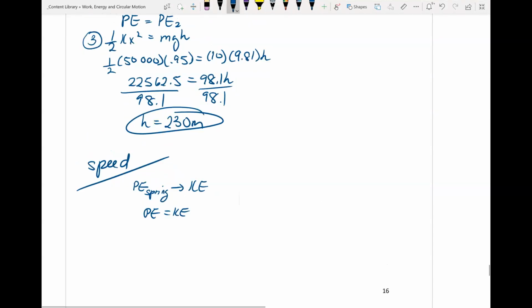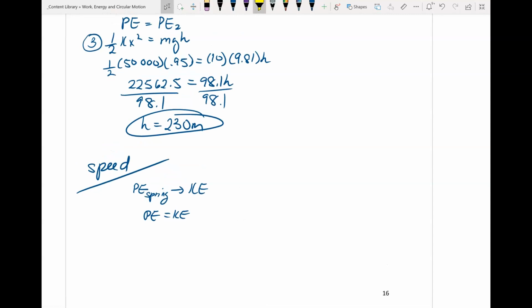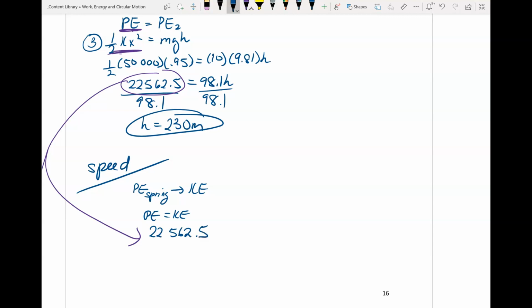Our potential energy we found before. It was actually over here. So we found PE, which is this. I'm just going to put that down here as our potential energy, so I don't have to recalculate everything again.